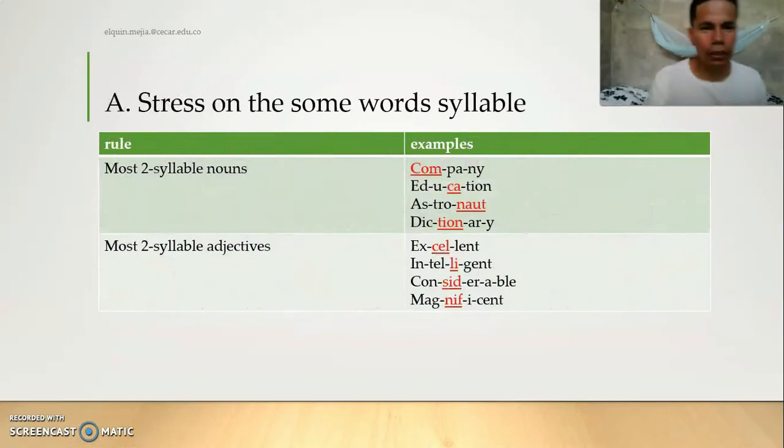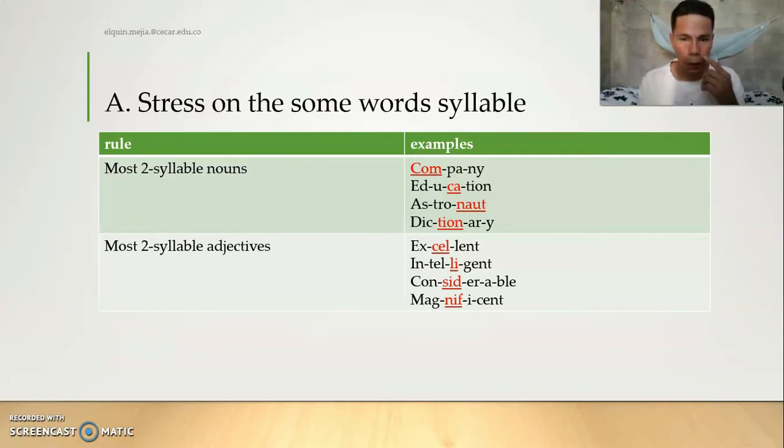Okay, let's go, my student. Stress on the second-to-last syllable. The rule: small two-syllable noun. Example: company, education, astronaut, dictionary, excellent, intelligent, considerable, magnificent.